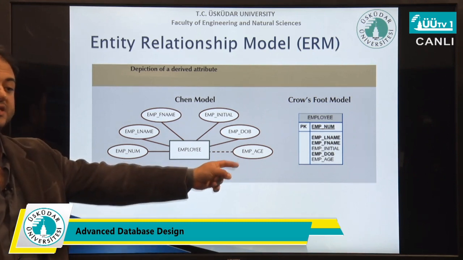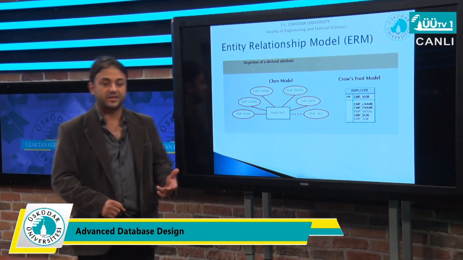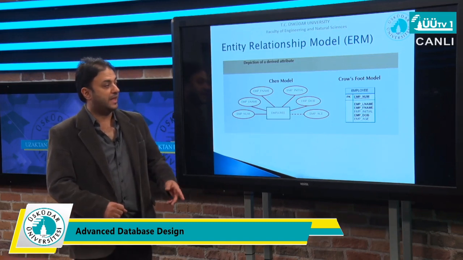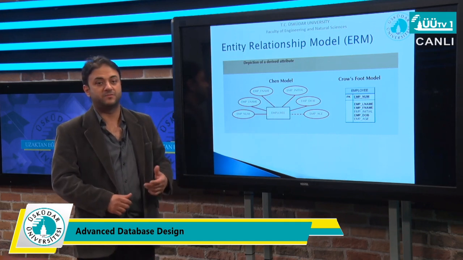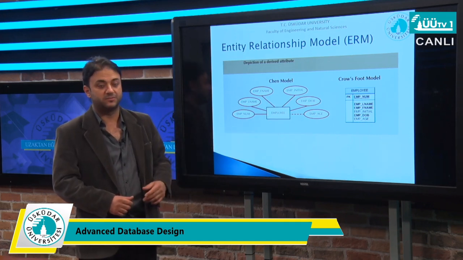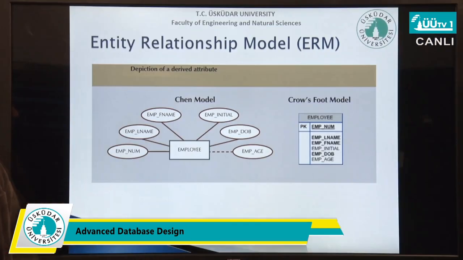So age is actually a calculation related to today, and date of birth is the original attribute. The derived attribute, we should derive it from the original attribute. In the chain model, as you can see, we just put it as dots. In the crow's foot model, nothing makes it remarkable. We just make the calculation internal.